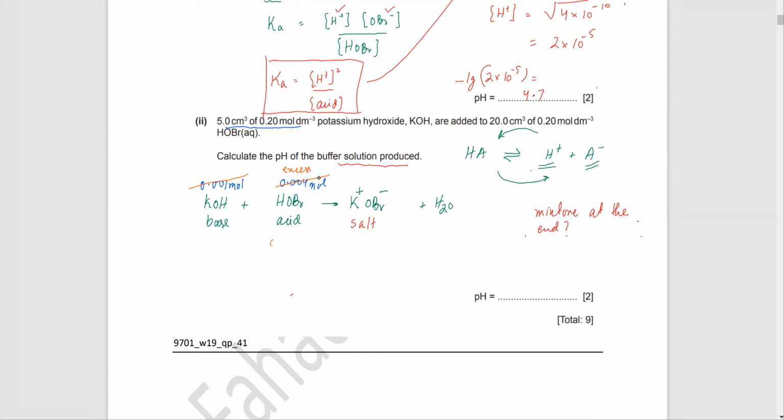The equation suggests that they're going to react 1:1. So that means 0.003 moles of HOBr would be left unreacted. They're not going to take part in the reaction. So that's the first thing.